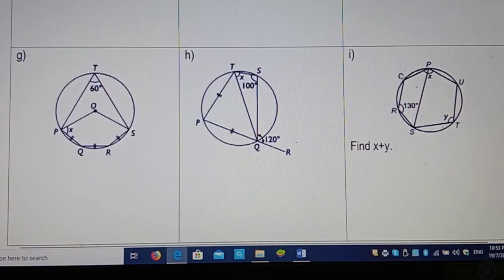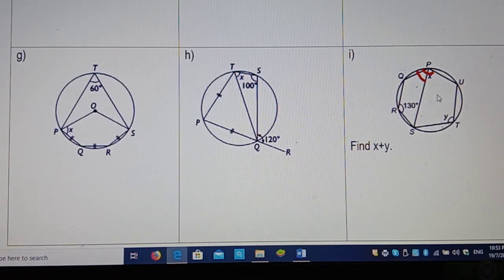You can look at this question, for example. Find x plus y. This one is a cyclic quadrilateral. So you can find what this angle is first. PQRS is a cyclic quadrilateral. If here is 130, meaning QPS equals 50.